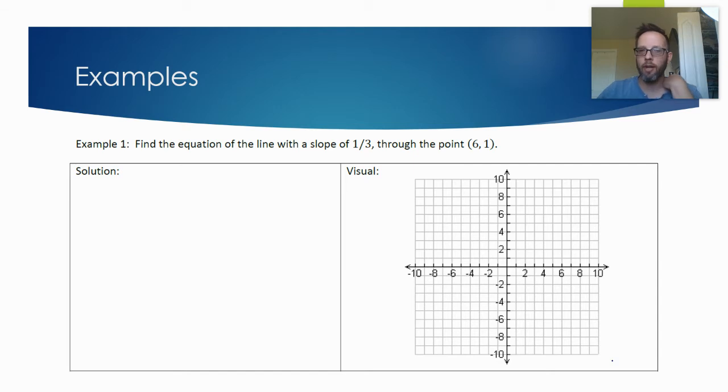And for each of these, we're going to draw a little visual. It's not always practical to draw a visual, but sometimes that'll give us the answer, and we're going to do it algebraically too. So we're looking for the equation of the line that goes through the point (6, 1) and has a slope of 1/3. Let's just literally draw that out. There's (6, 1). Go up 1/3. There's 1 point. And go backwards too.